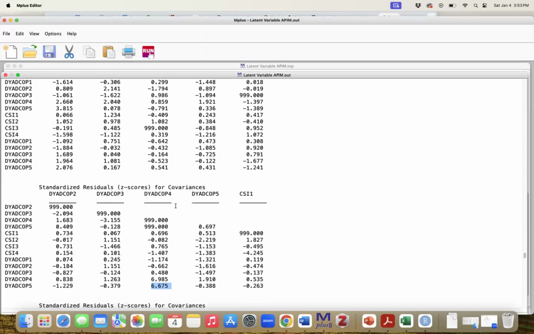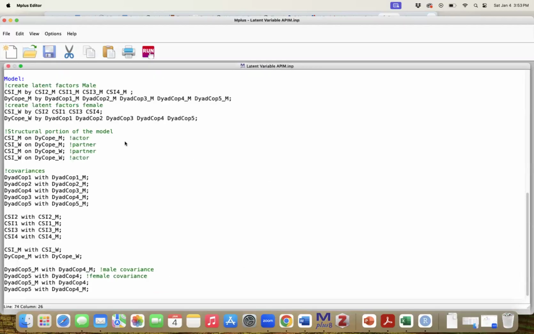And so from doing this, we could continue to plug away in trying to figure out what's going on. But it seems like, again, these are two different conceptual aspects of dyadic coping. So at this point, I would actually drop these items.